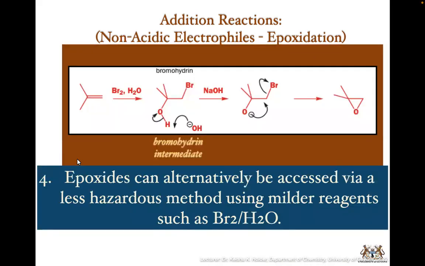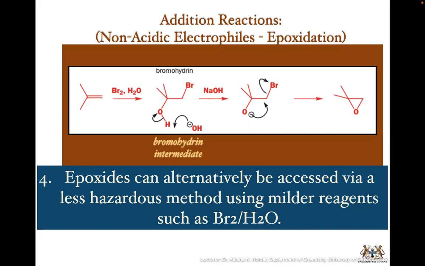So let's see what are some applications that can lead us to a more diversified compound pool. So we've looked at one way in particular to synthesize epoxides from alkenes, and that used the highlighted reagent MCPBA. But there are alternative ways that would allow us to access epoxides.